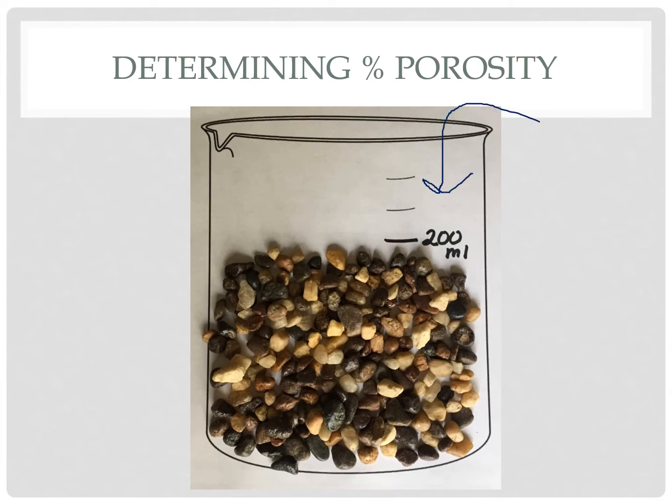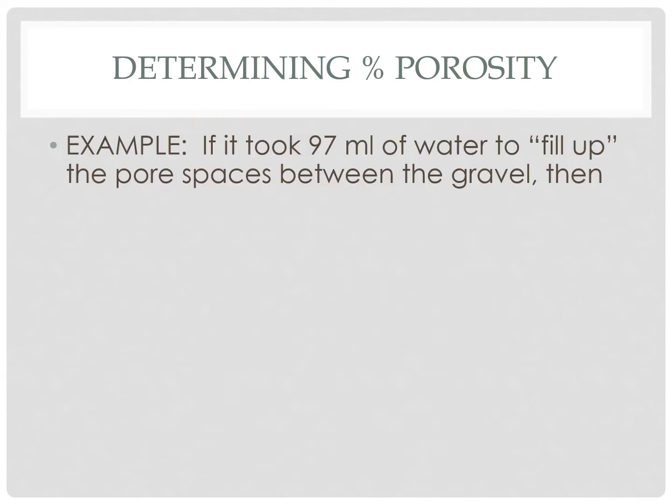Right? You slowly added water. And the water started to fill up all the pore spaces. You may have even seen the air bubbling up as the water filled in those pore spaces. Right? And you kept on adding water until it just reached the top and it couldn't take any more. Right? And then we used that to do some calculations.